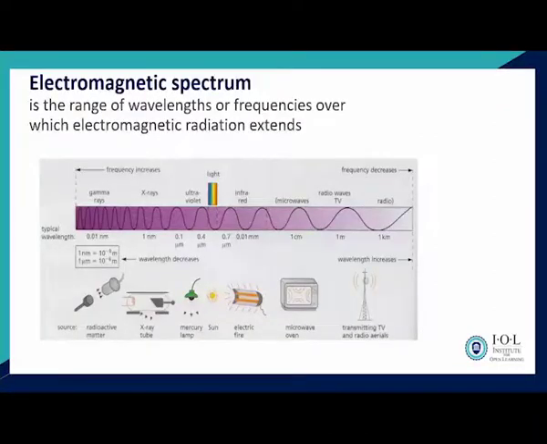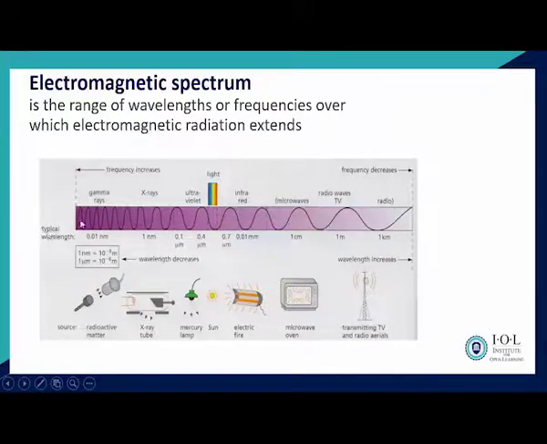Electromagnetic spectra. This is a range of wavelengths or frequencies over which electromagnetic radiation extends. So we have the diagram here, which shows examples of different types of electromagnetic waves. So we have gamma rays, X-rays, UV rays, visible light, infrared, microwave, radio, and TV waves.